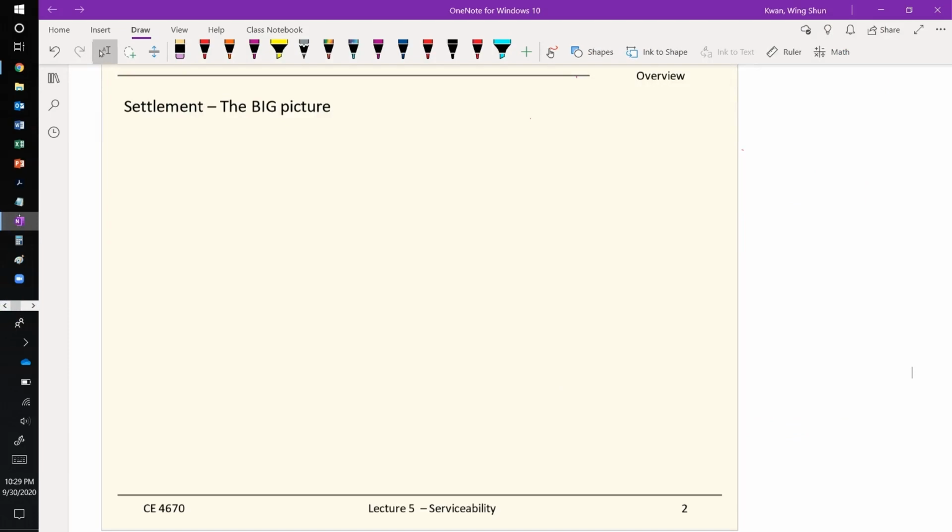Okay, so let's talk about the big picture. When you have shallow foundations, realistically you are building on soils that come in different layers.